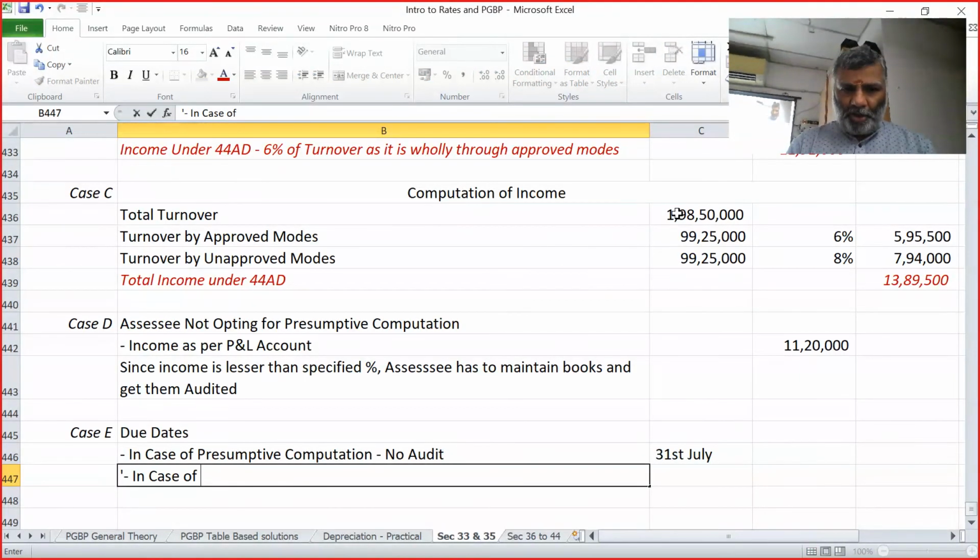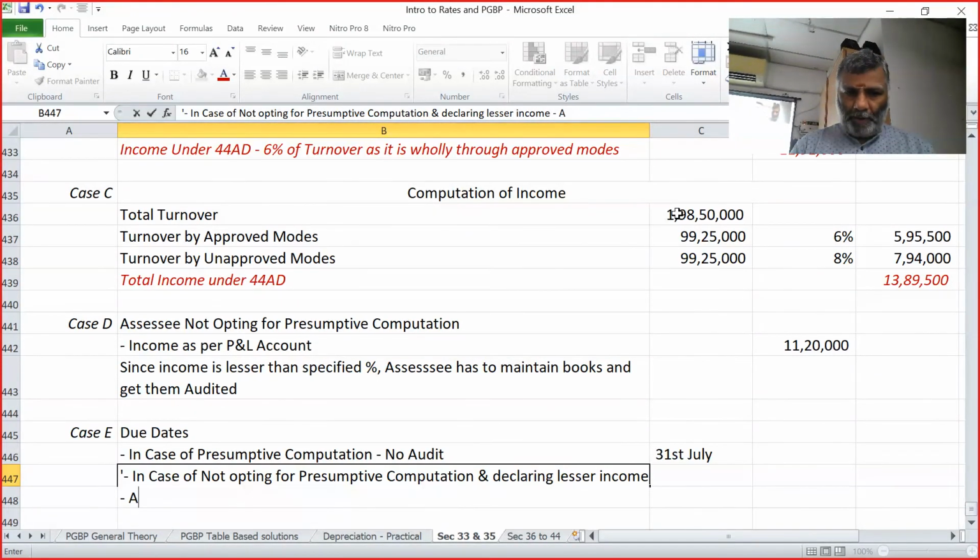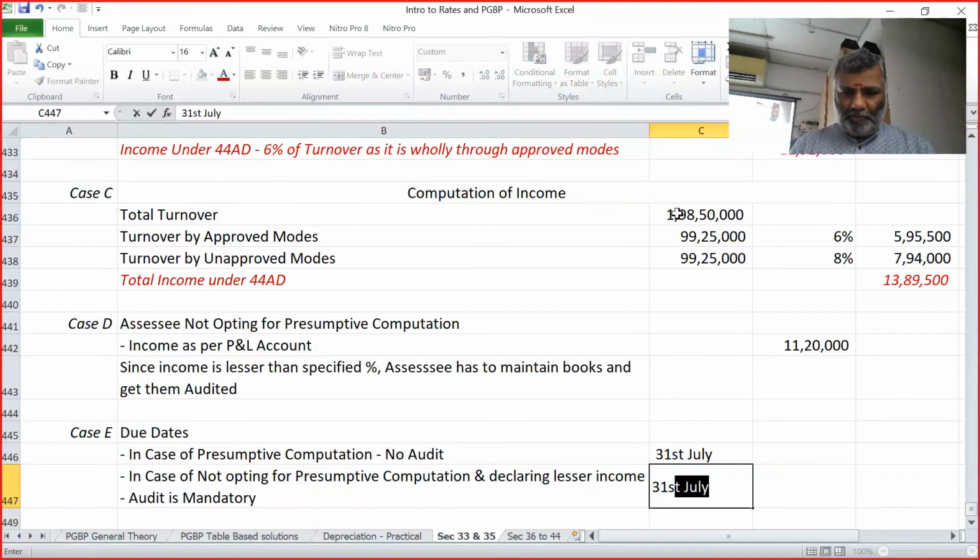In case of not opting for presumptive computation and declaring lesser income, audit is mandatory, so 31st October.